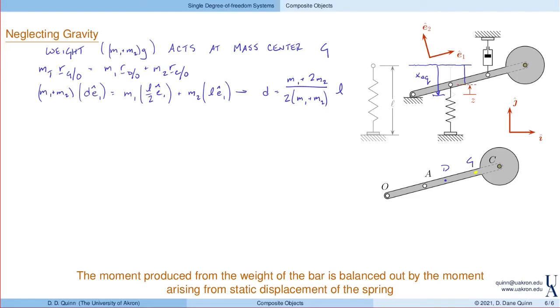And then let's identify the stretch in the spring, or actually the compression in the spring, as measured from the unstretched length, as X. Again, here, X is the compression of the spring from the unstretched position, or the unstretched length.